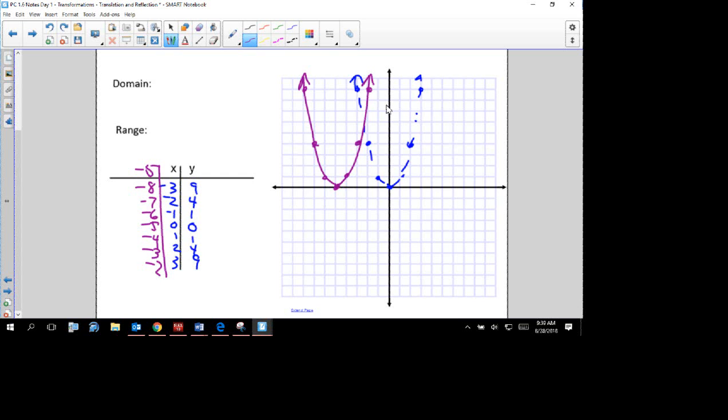What's nice about the x column is that it's in order. So when you subtract 5, it's still in order. It just starts with different numbers, so I do it really fast. Domain would be all real numbers, so we go from negative infinity to positive infinity. Range starts at 0, goes all the way up to infinity.